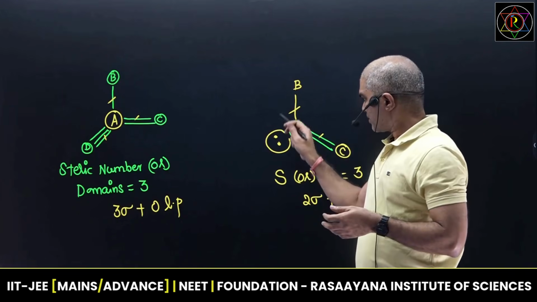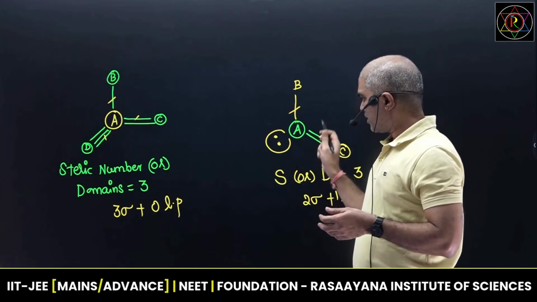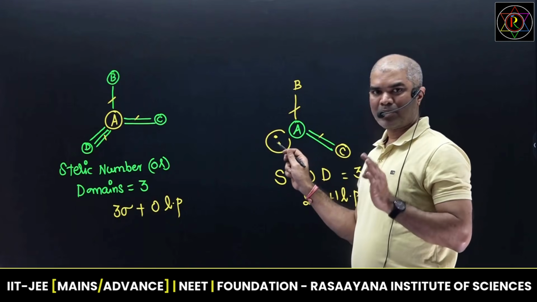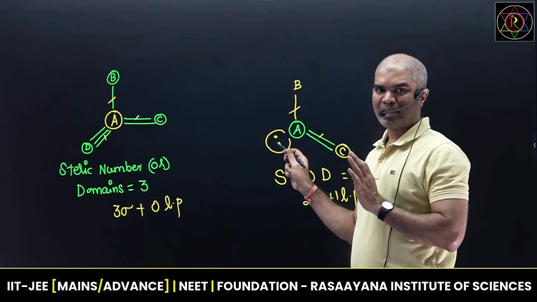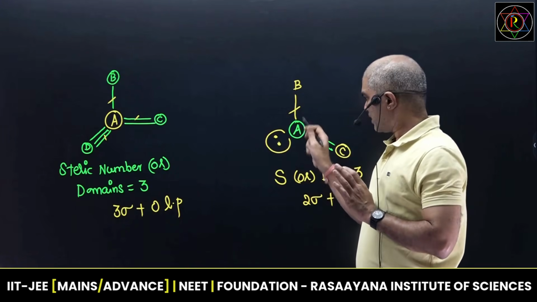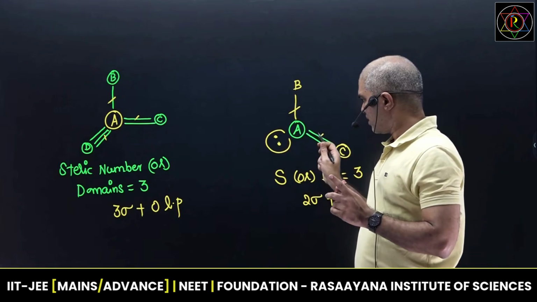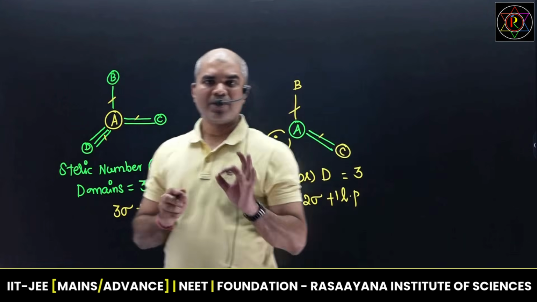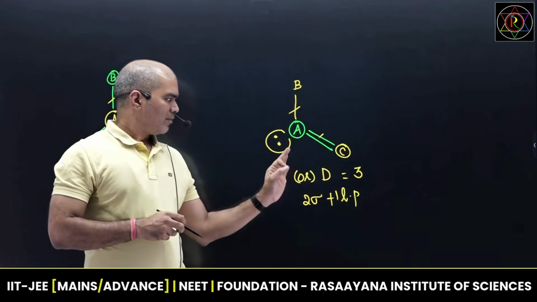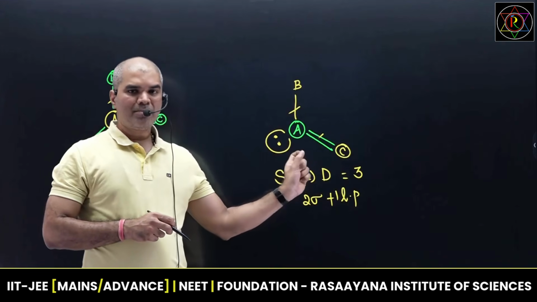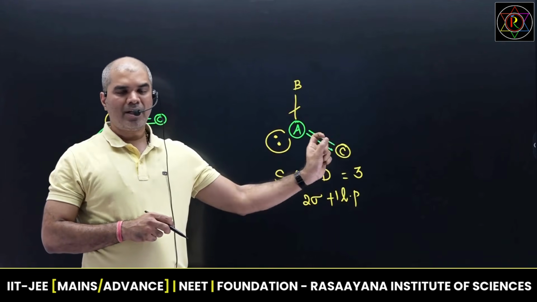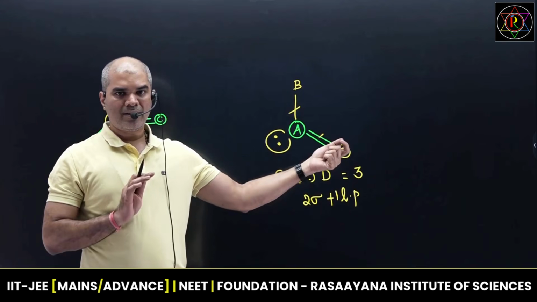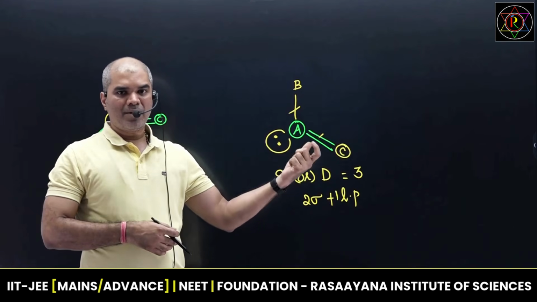So if I ask for the electronic geometry, you have to consider all the pairs of electrons present around the central atom. There is a non-bonding pair, and also there are bonding pairs. Count all of them, and you will get 3; the steric number is 3. Whenever the steric number is 3, there is a particular hybridization and a corresponding geometry, and that is given by VSEPR theory.